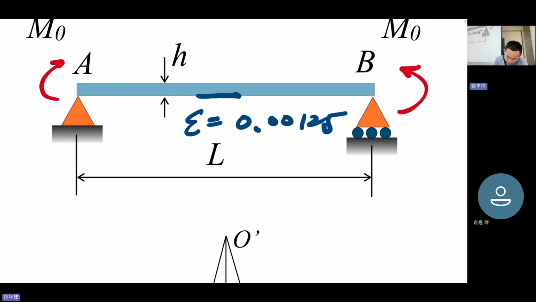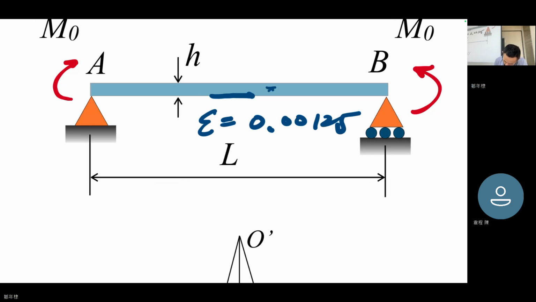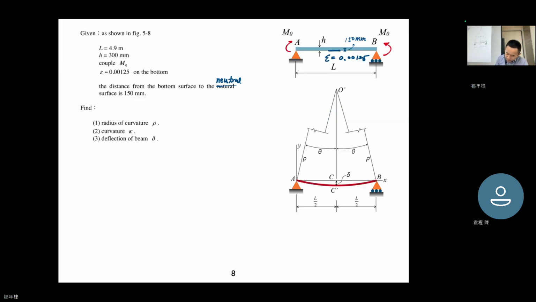So the neutral axis to the bottom surface is 150 millimeter, the couple is M0, L, and H is 300 millimeter.